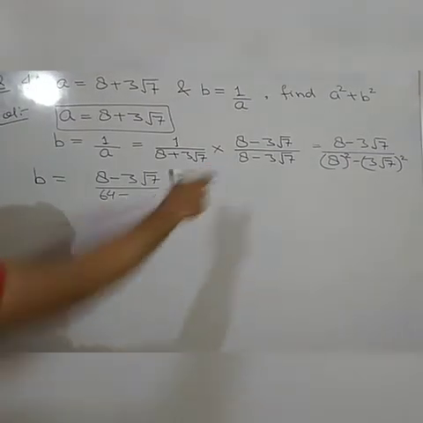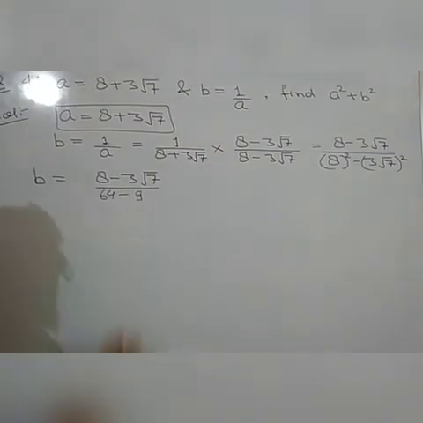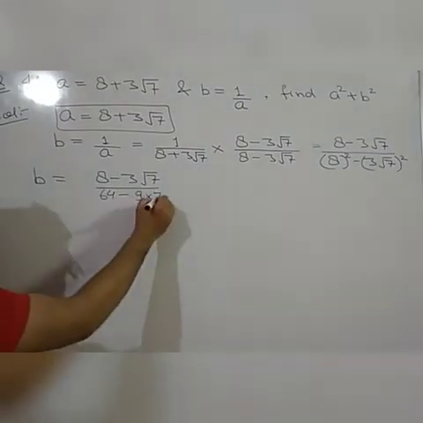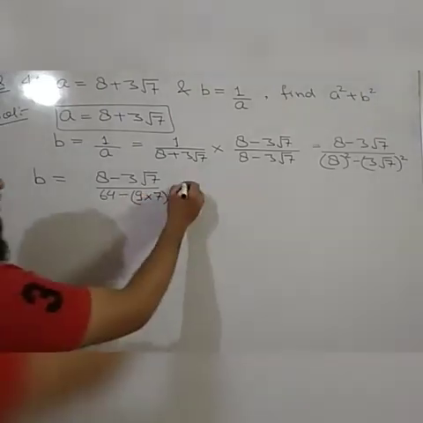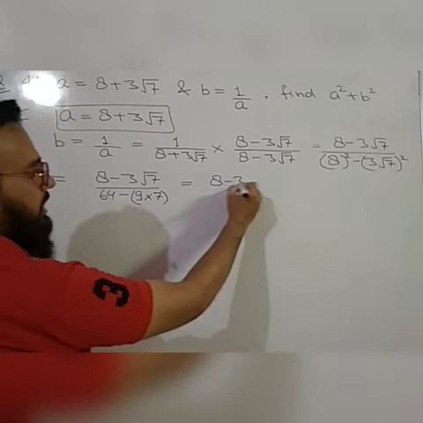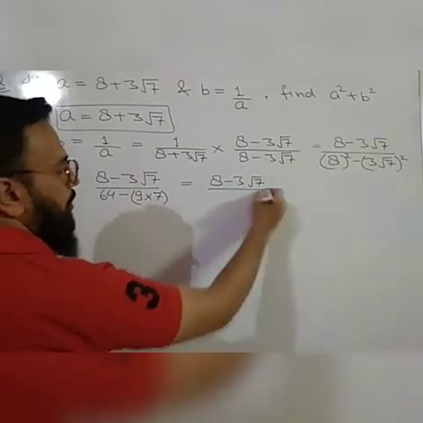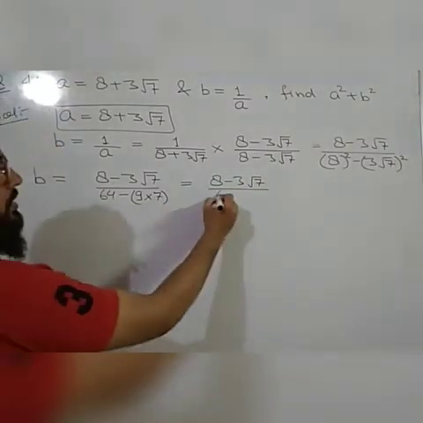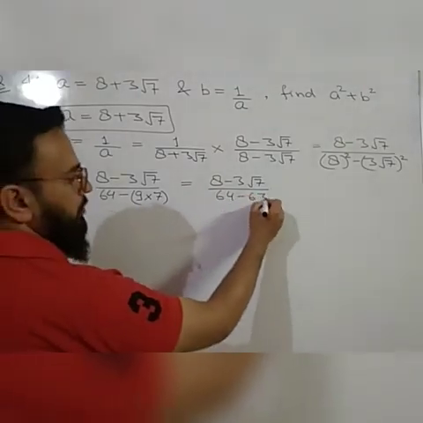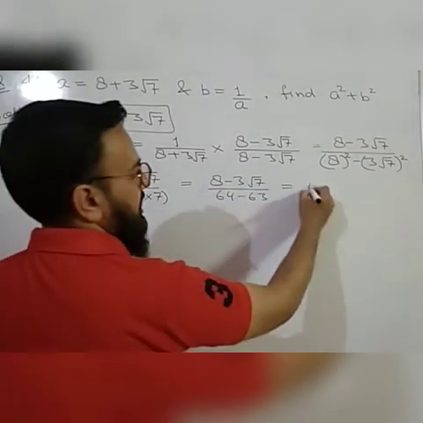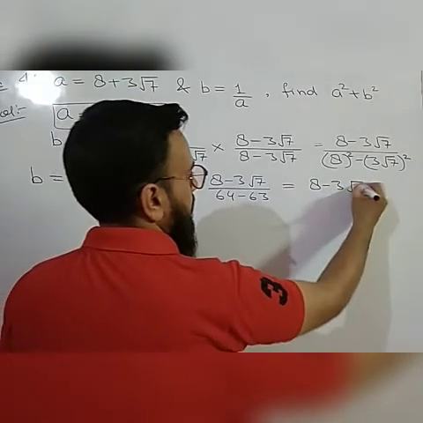We can write it as 3 square, and 3 square is 9 and root 7 square is 7. So the value of b will be 8 minus 3 root 7 upon 64 minus 9 sevens are 63. 64 minus 63 is 1, so that will be equal to 8 minus 3 root 7.